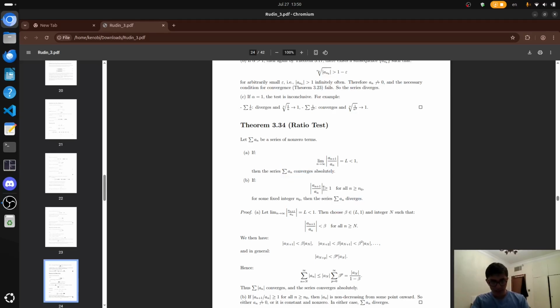And notice that this equal to 1 doesn't mean that the limit as n goes to infinity of an plus 1 over an is equal to 1, even though we have an equal sign over here. So for example, if you replace it with 1 over n squared, if I'm not mistaken, yeah, 1 over n squared, its limit is going to be equal to 1, right?